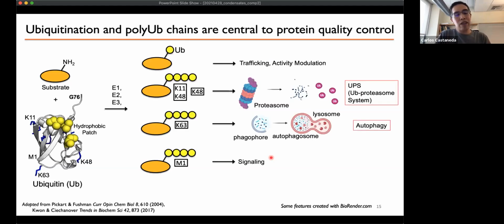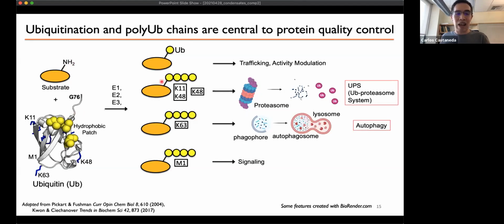So here's a picture of ubiquitin. You can see it's a small compact protein. It has a hydrophobic patch that is really important for how it interacts with other proteins. It also contains a bunch of lysines. These lysines end up being really important because through the action of different ubiquitinating enzymes, these ubiquitins can get attached to a substrate protein via an amine.